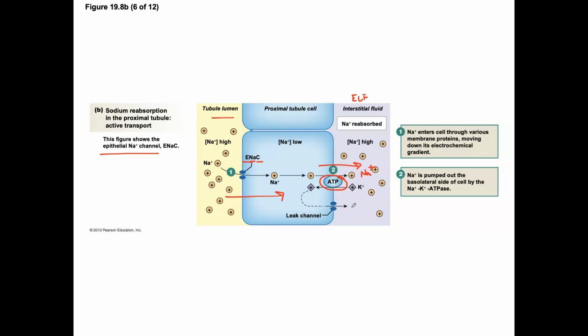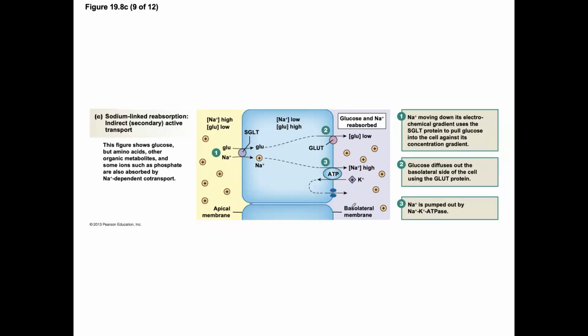Because we run primary active transporters, that's going to allow for the secondary active transporters to function within the epithelial cells. So we start the movement of sodium, and then we can start driving secondary active transporters.